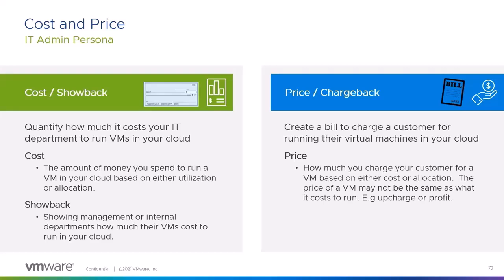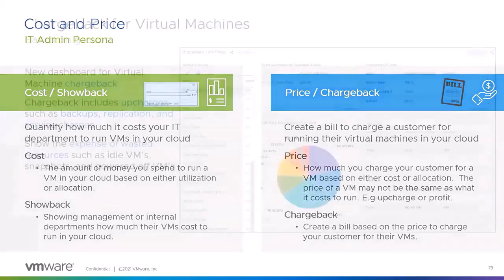And then you can add in things like upcharges and profit and other various services on top of the cost. And then chargeback is a report that lets you create the bill that you use to show the customer how much you want to charge them for the virtual machines. So hopefully that makes sense, the difference between the cost and showback versus price and chargeback.